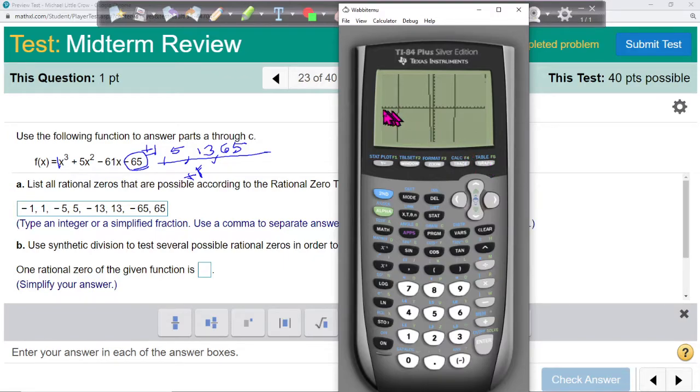So there's that one. Now that's not an integer value. It looks like we've got a negative 1. 1, 2, 3, 4, 5, 6.